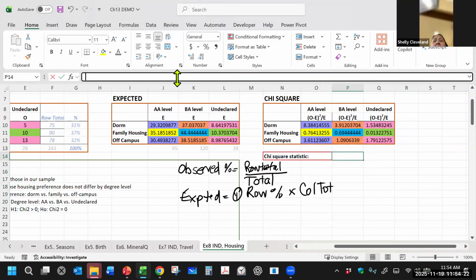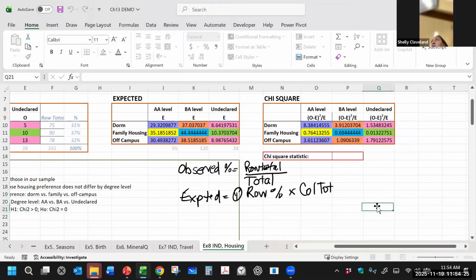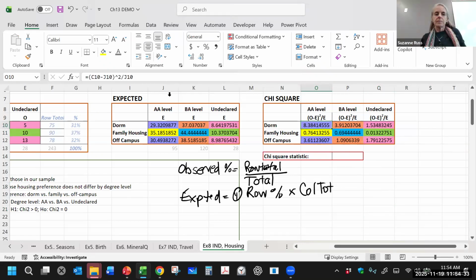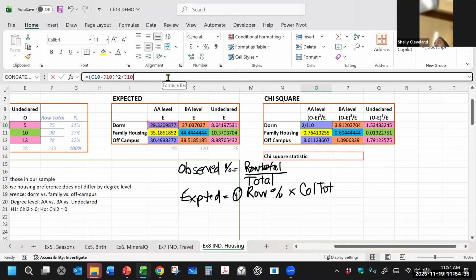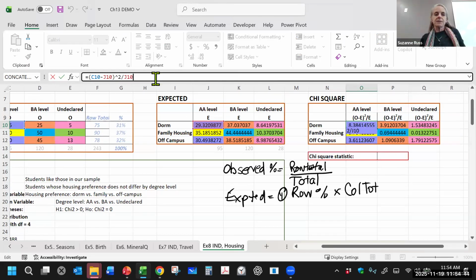Going back one step, I kind of got confused for the chi-square at the third box under dorm AA level. Okay. How did you do the formula in Excel? So that would be equals O minus E. I'm going to do this over again, so watch a minute or follow along.